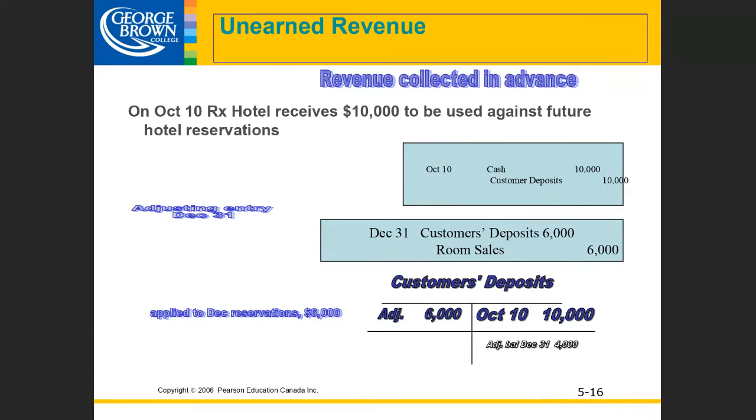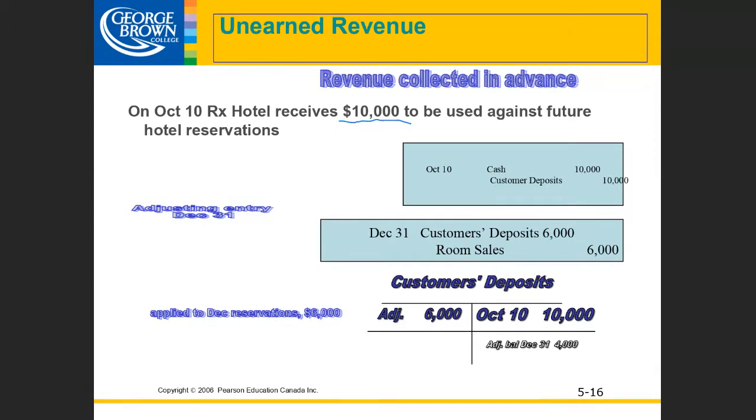And in some cases, we need to make an adjustment. So here, on October 10th, our hotel has received $10,000 to be used against future reservations. What some companies will do is they have partnerships with hotel chains.